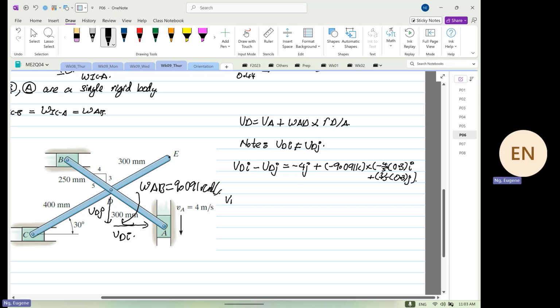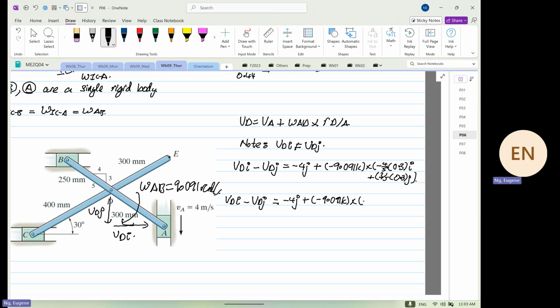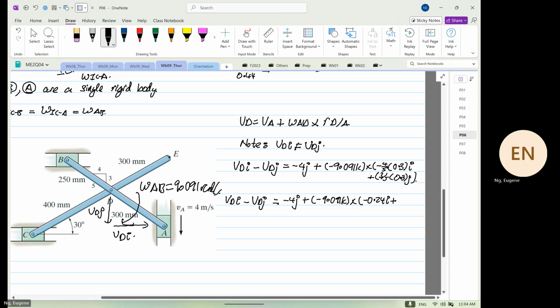So we have VDI minus VDJ, and this will be equal to minus 4J plus minus 9.091 K cross 0.3, that's 4/5, 0.24 I, and then plus 0.18 J.